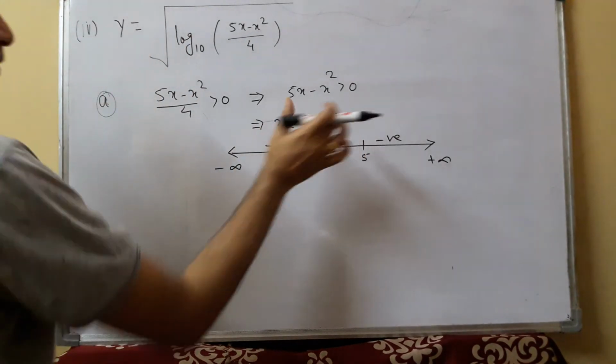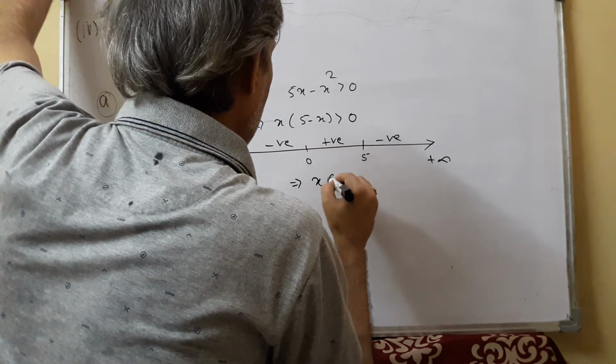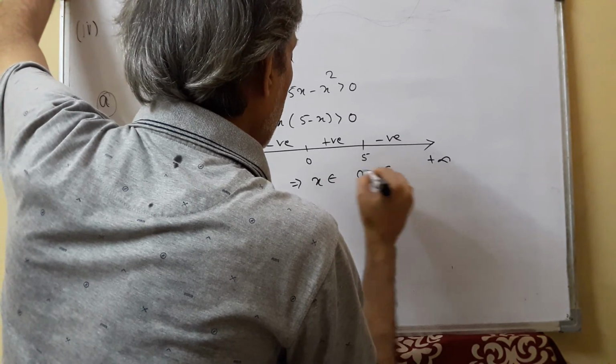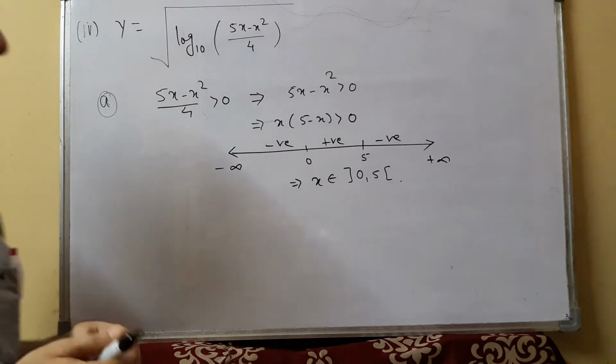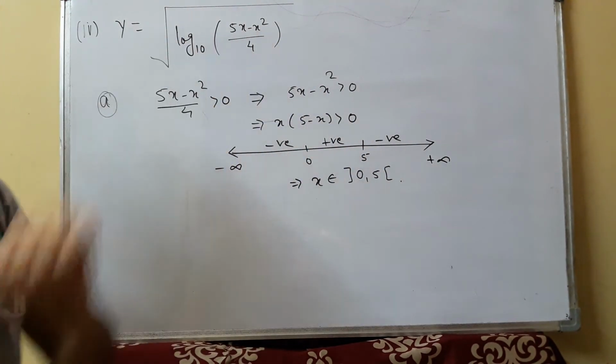We need the positive one. So this implies x belongs to the open interval 0, 5. This is our first part. Whenever x will lie in between 0 and 5, this log will be defined.